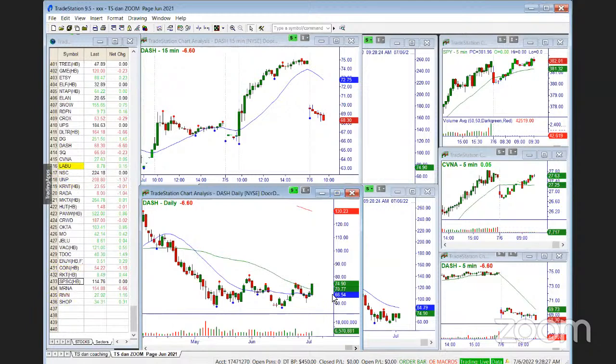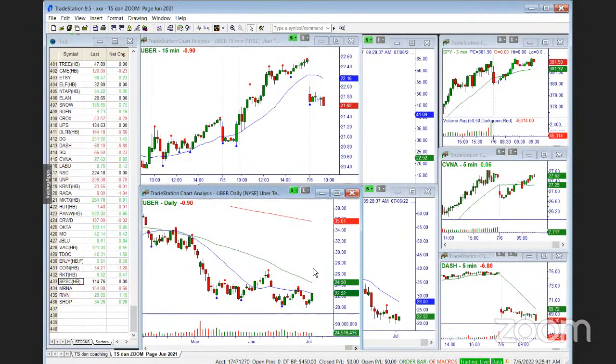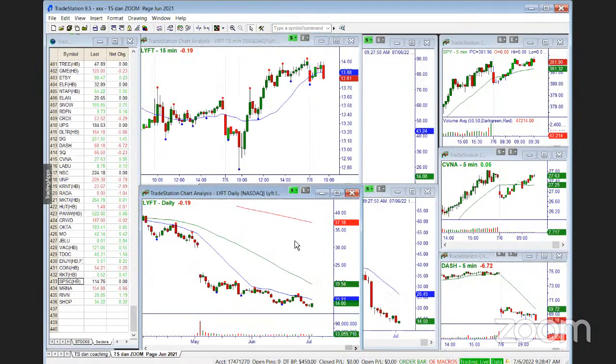I'm glad I didn't do it yesterday. But you can see, just eyeball, it's greater than 50%. So that's a bearish gap. Yeah, Uber. I looked at Uber too, and it wasn't as bad as DASH, but yeah. Just out of curiosity, Lyft. Yeah, not as bad.